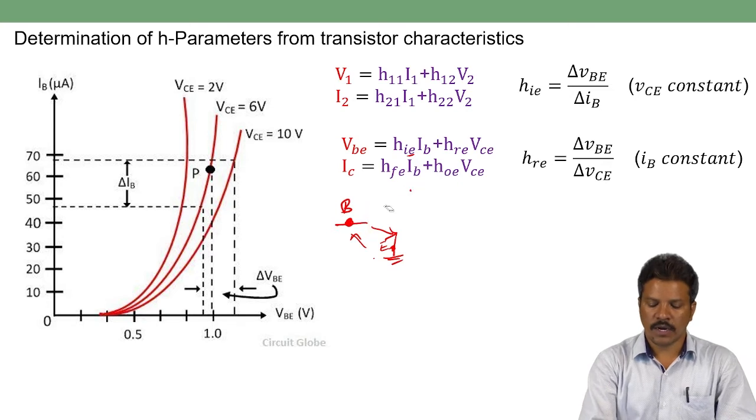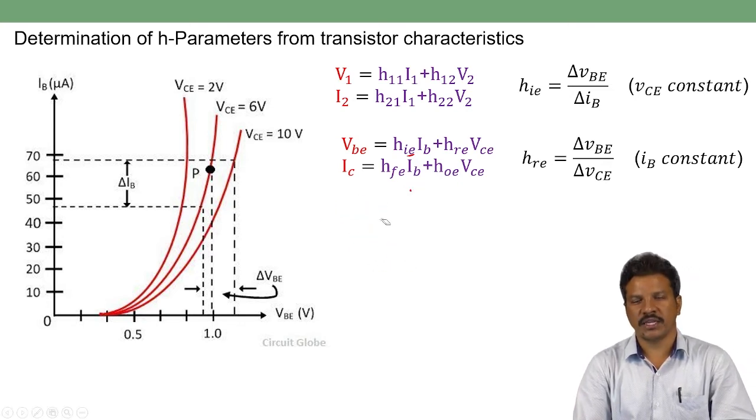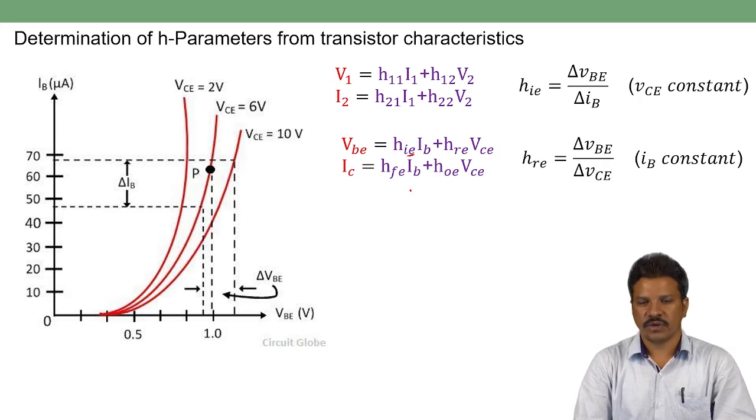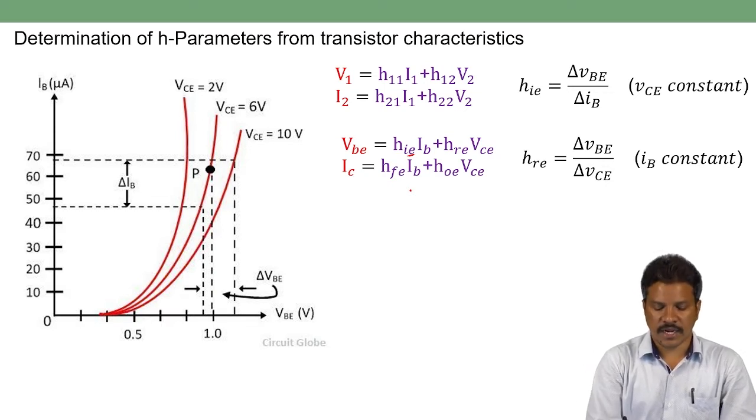Now, how to determine these H parameters like HIE, HRE, HFE, HOE? We will see these parameters can also be found from graphical analysis. Let us consider a graphical representation of the input characteristic of the common emitter configuration.